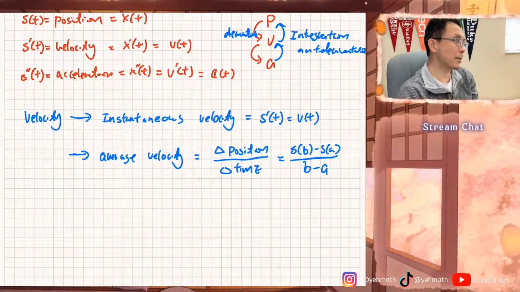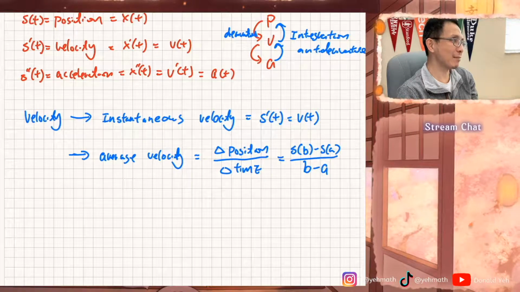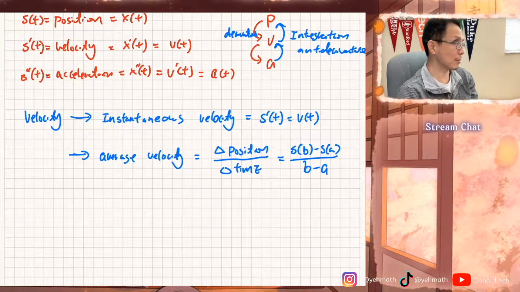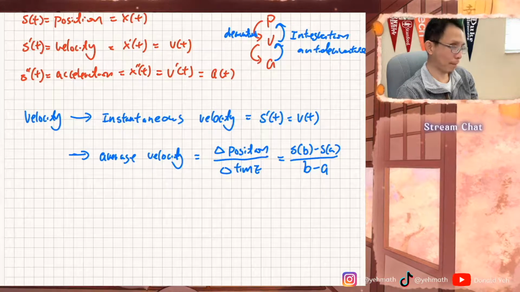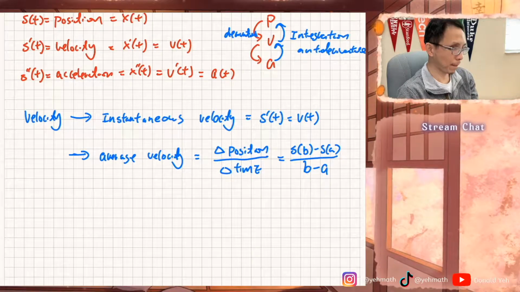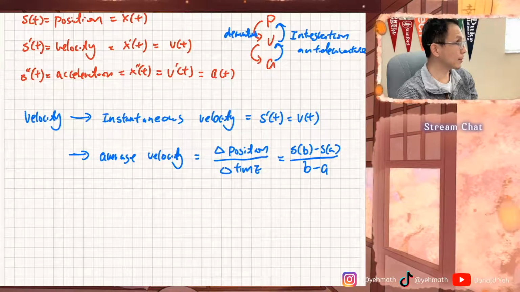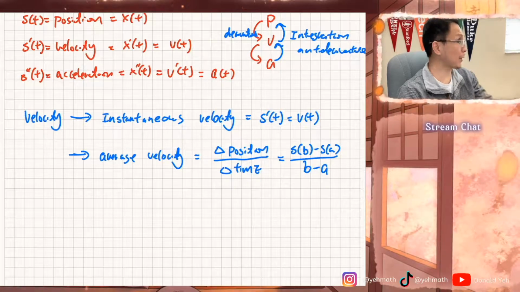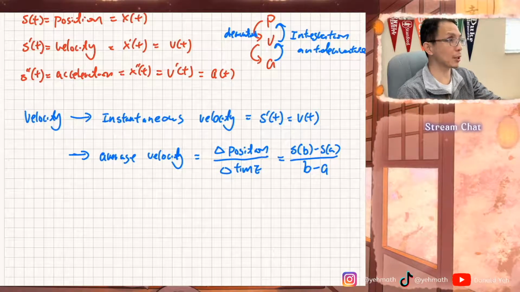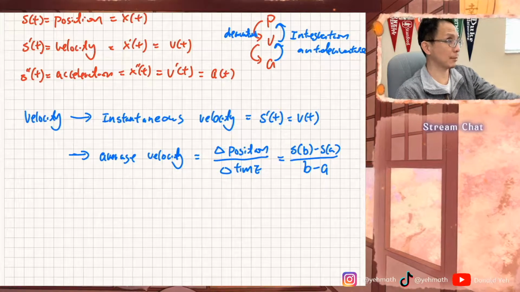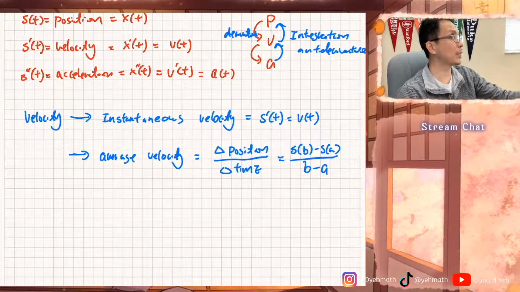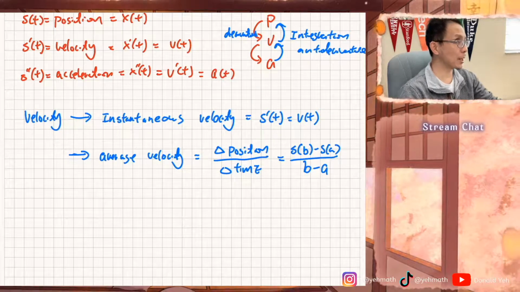Yeah, but if I integrate, then I will get a change of position. You're almost there. You learned this. If I give you a velocity equation, can you find me the average velocity between two separate times?